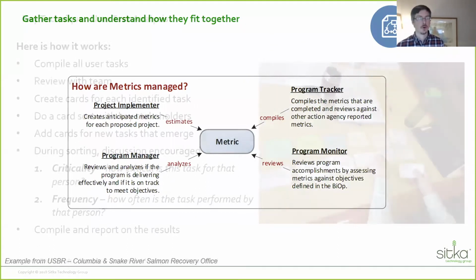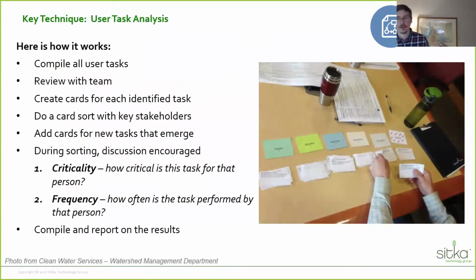Okay, I'm going to show a key technique that we use quite frequently, and it's a user task analysis. This helps us come up with a picture of all the different user tasks going on and how people interact with data within a program or an organization.